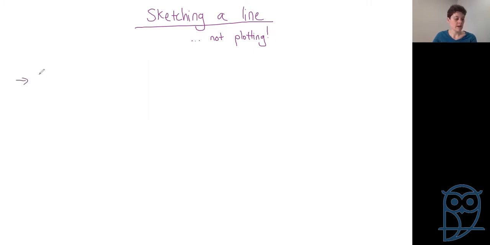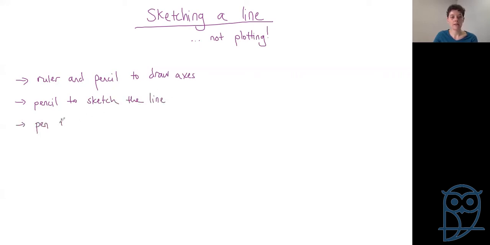We want a ruler and pencil to draw axes. We want a pencil to sketch the line, and we want a pen to label the key features.